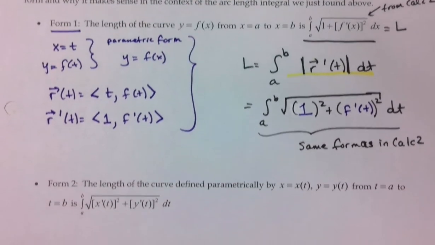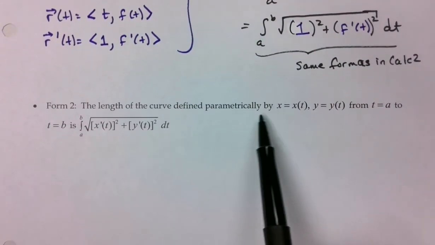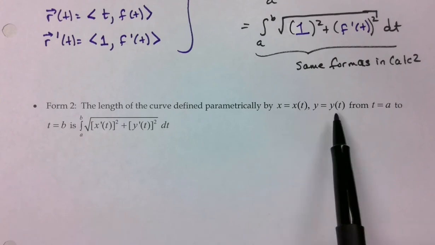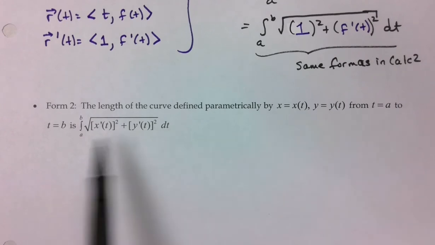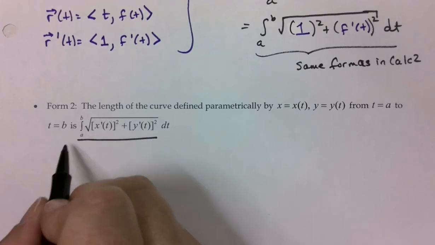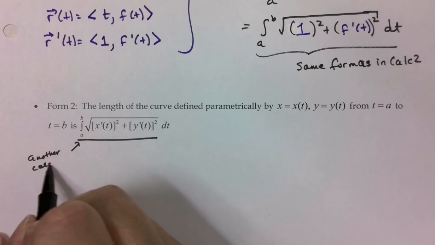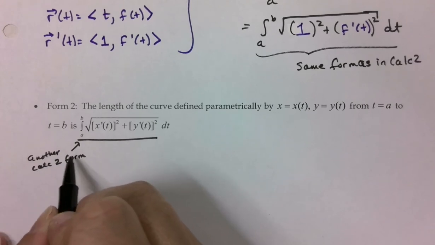All right, now what about the other form that we learned, which is that if you define your curve parametrically in x of t and y of t, from t equals a to t equals b, we learned that arc length is also this. So that's another Calc 2 form that hopefully you saw somewhere in Calc 2.